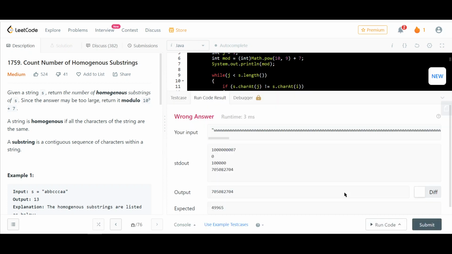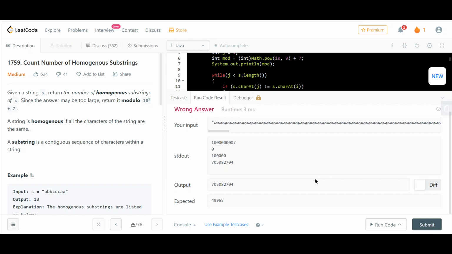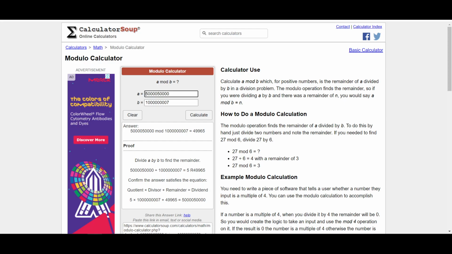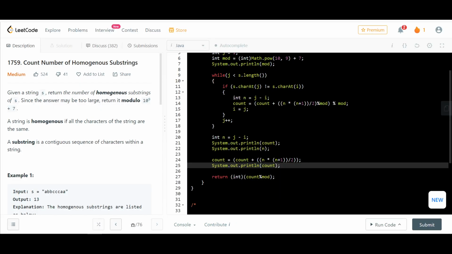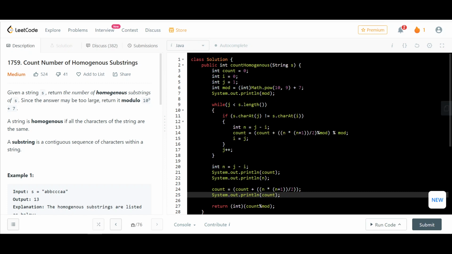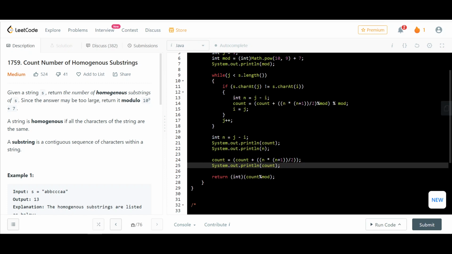What's the issue? I don't understand that. Okay, so the output is 70508275 something, but that's not even the right answer. So something weird is what is happening.